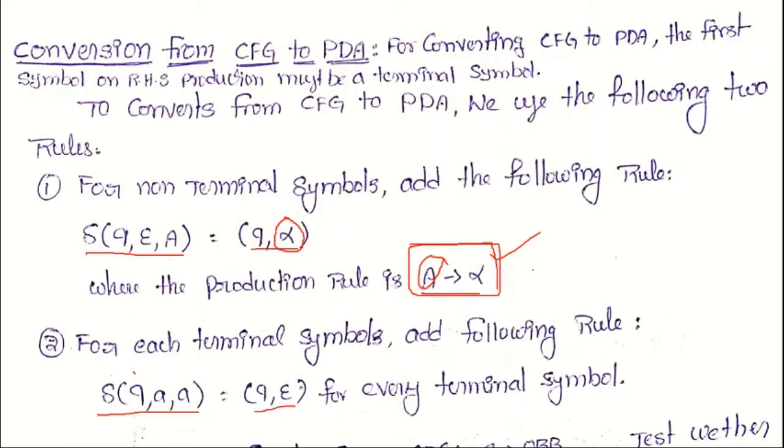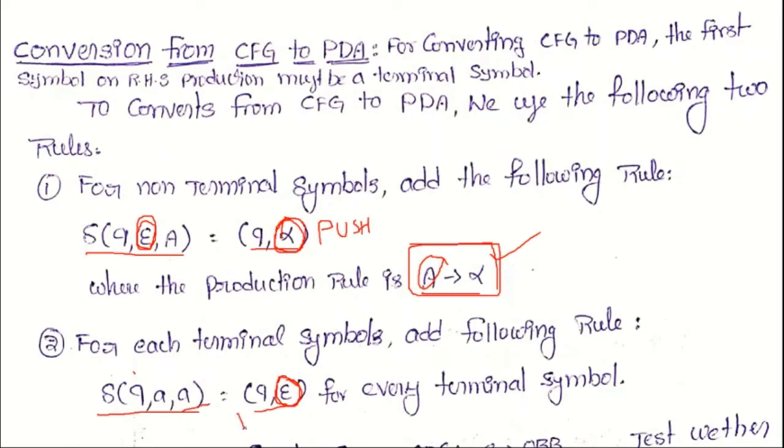Here epsilon means we are performing the pop operation. For non-terminal symbols, epsilon in the input means any input symbol, and alpha means in the place of A we push the RHS production into the stack. So this is the push operation. For non-terminals we perform the push operation, and for terminal symbols we perform the pop operation.